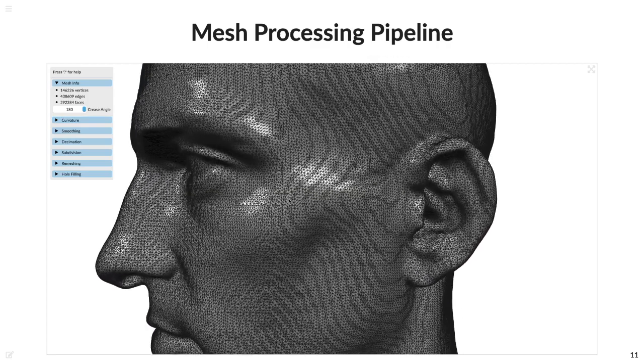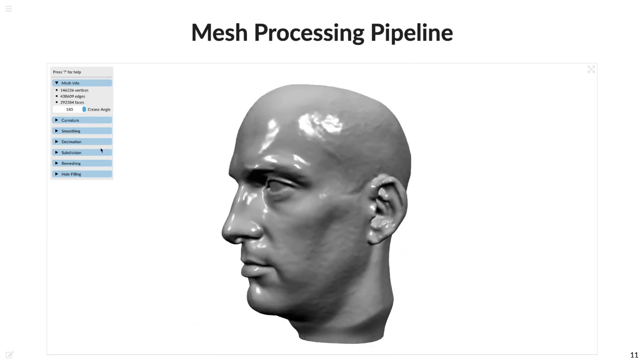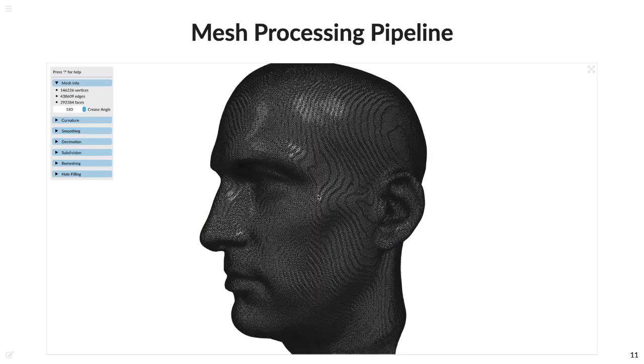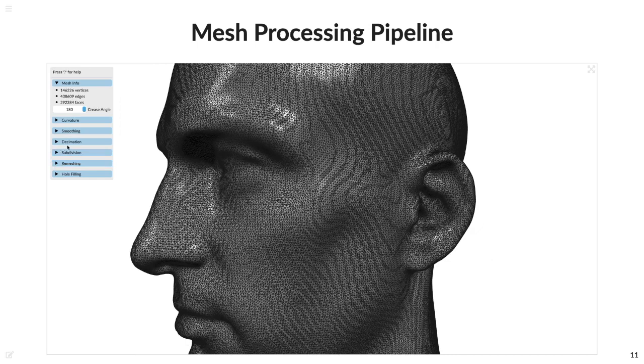Where we see the mesh structure here. So the first step might be to remove the noise by some diffusion flow smoothing. And then if the mesh is too complex, like shown here, we have standard iterative quadric error metric decimation.